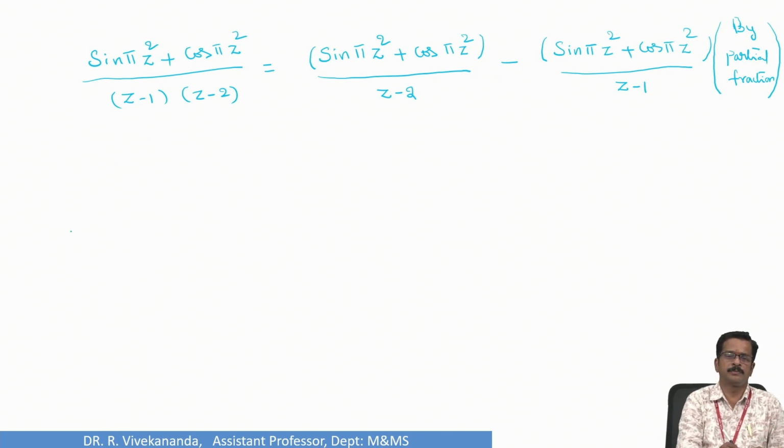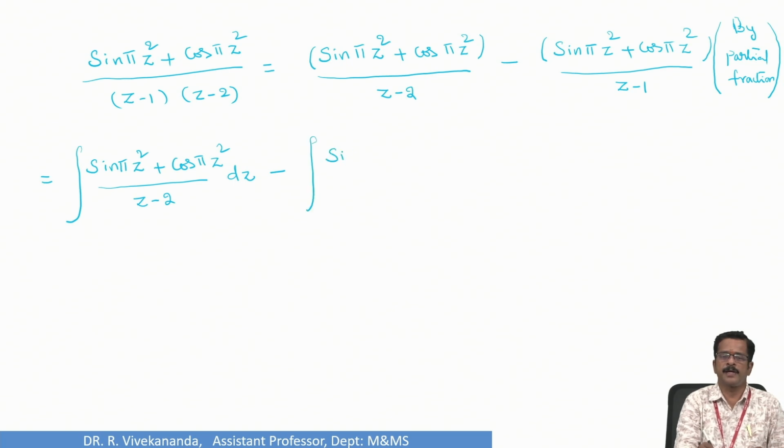Right. Now, which is equal to the integration of sin pi z square plus cos pi z square by z minus 2 into dz, minus the integration of sin pi z square plus cos pi z square by z minus 1 into dz.